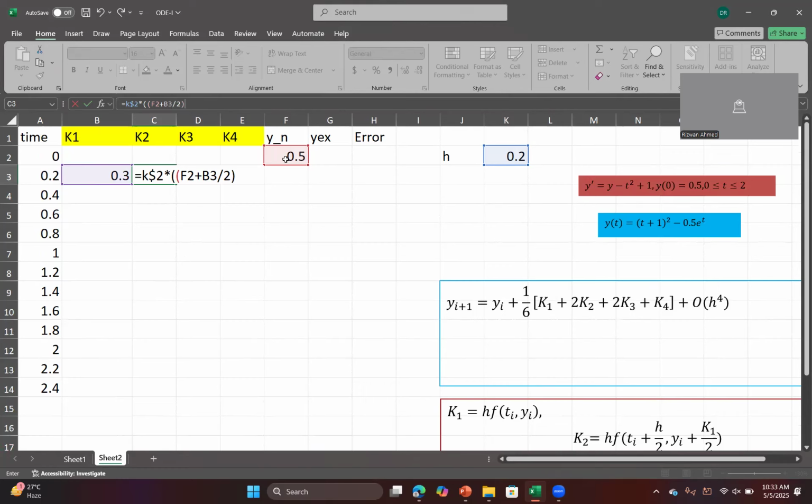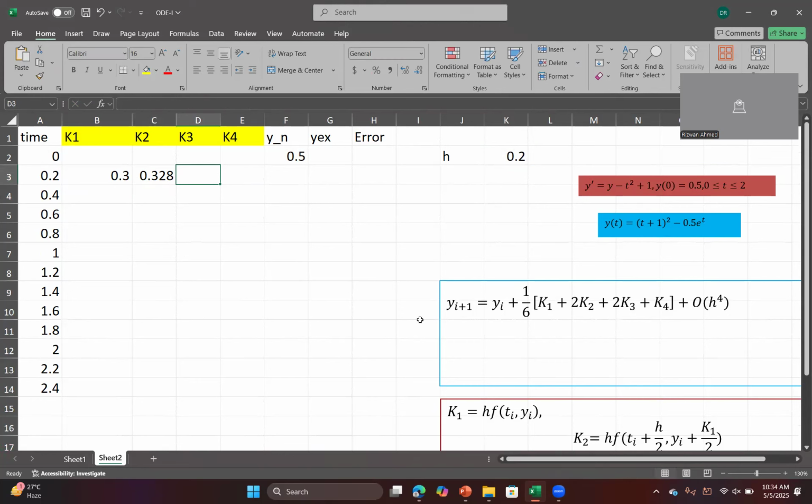We do not require any other calculation on y. So y is replaced by y plus k1 by 2, minus t squared, where t is replaced by t plus h by 2, which is the fixed h cell divided by 2, and we require its square, plus 1. So this is the function evaluation at the midpoint times the h value taken from the fixed cell. Okay, this is fine.